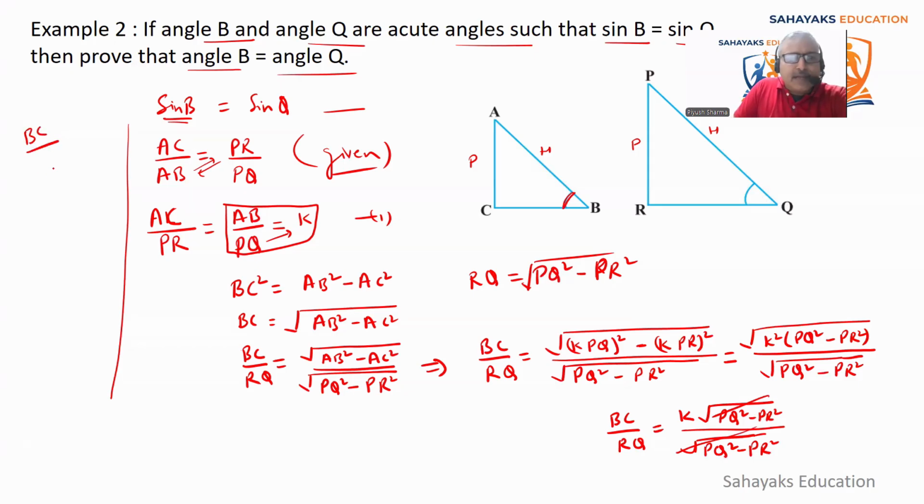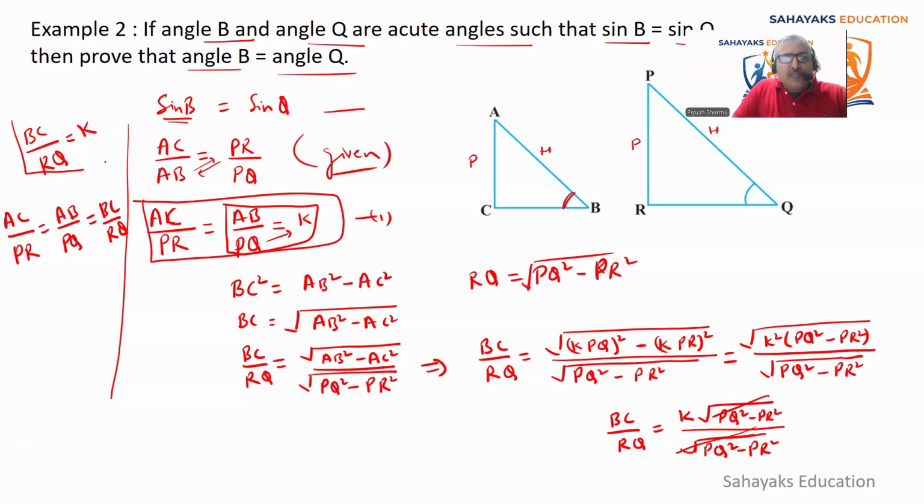BC by RQ comes out to be equal to K. Now we already know that AC by PR and AB by PQ is equal to K. So we can say AC by PR is equal to AB by PQ, and that is also equal to BC by RQ, because everything is equal to K. This is already equal to K, and this we have proven is equal to K.